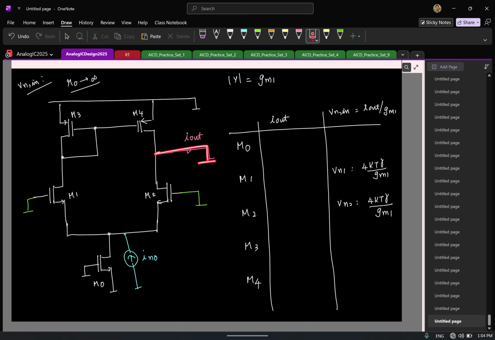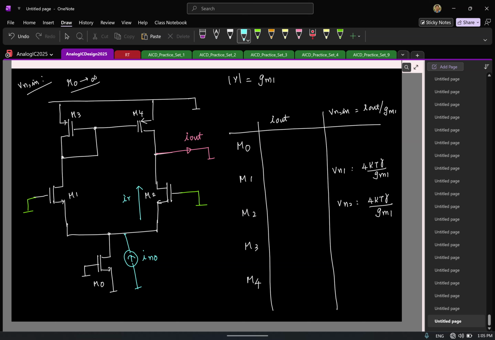This is shorted. What is the impedance looking to the left side? 1 by GM, because I ignored the R0. What about the resistance here? So what will happen to the current? It will split equally. So let me remove the impedances. I think that's clear for you.